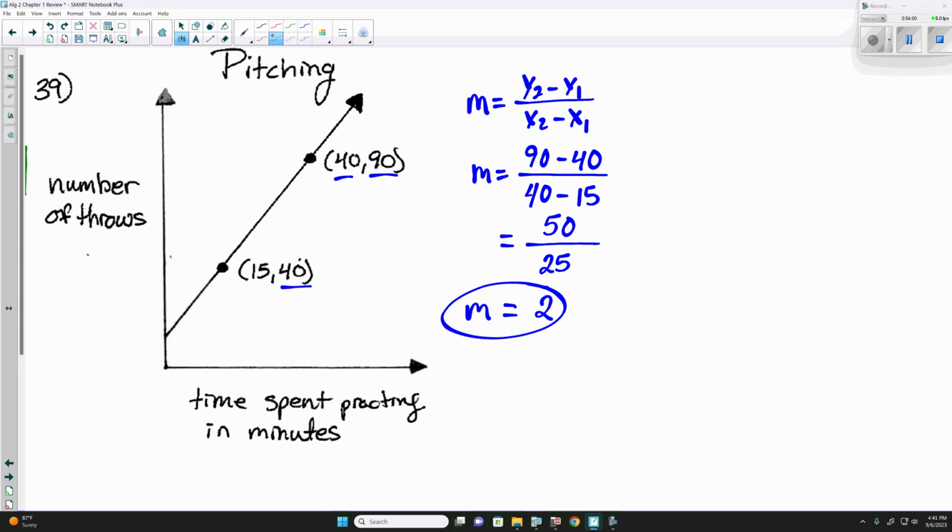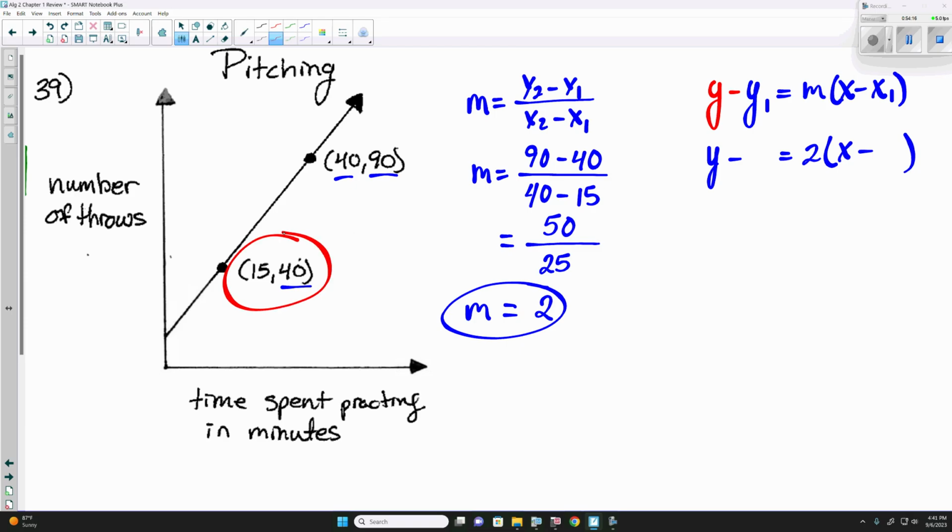Now we can use the equation of a line. Our point slope form, y minus y1 is equal to m times x minus x1. Now we know the slope is 2, and we just need to pick one of these 2 points. Doesn't matter which. I will pick 15 comma 40. So 40 will be our y value, 15 is our x.